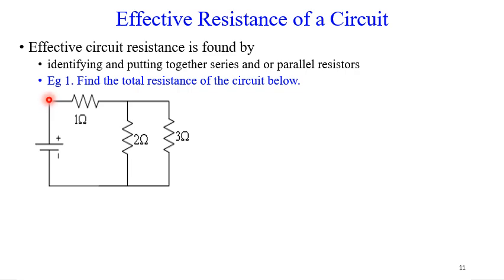When I start from here, I meet this resistor, then I meet the second resistor, I meet the third element, meaning they are not in series. Since I've met a third element, I can't say 1 and 2 are in parallel. So that is not going to work here.